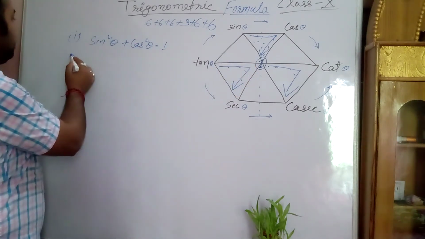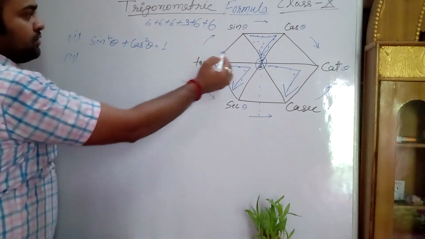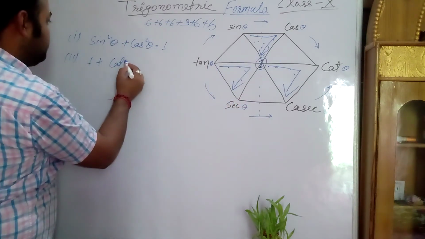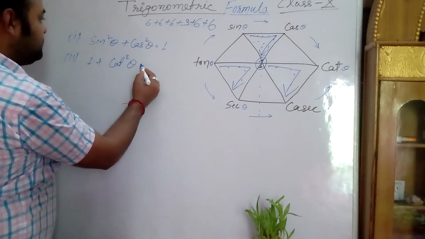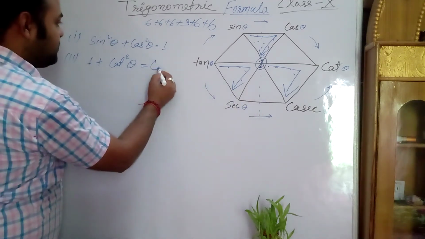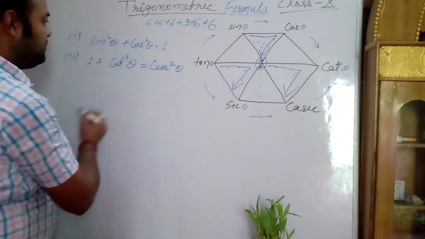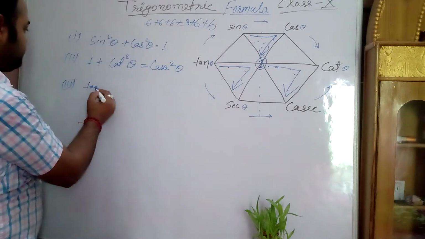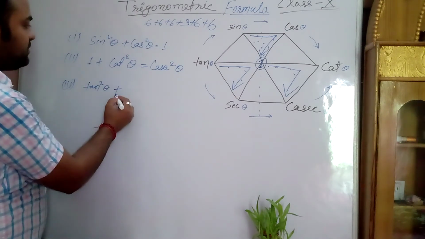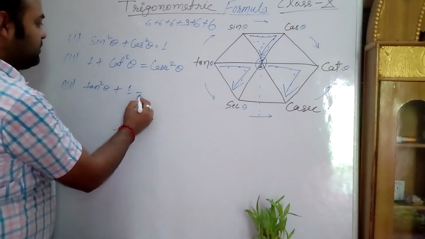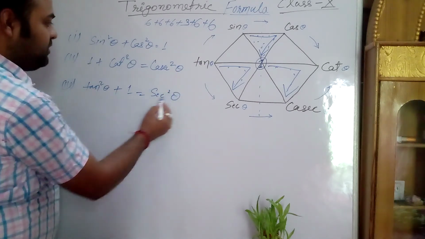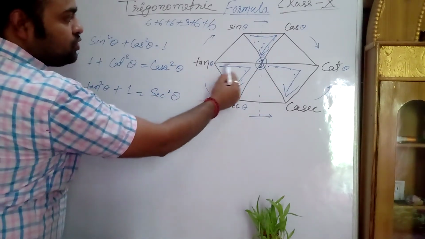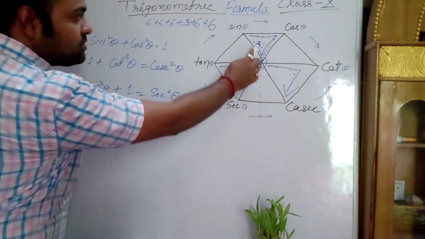Second, 1 plus cot square theta is equal to cosec square theta. Third, tan square theta plus 1 is equal to sec square theta. These are the 3 formulas by taking the alternate clockwise rotation in this hexagon.